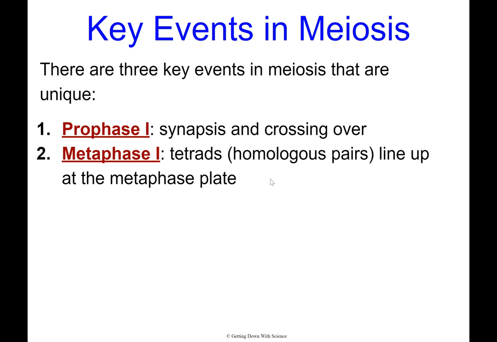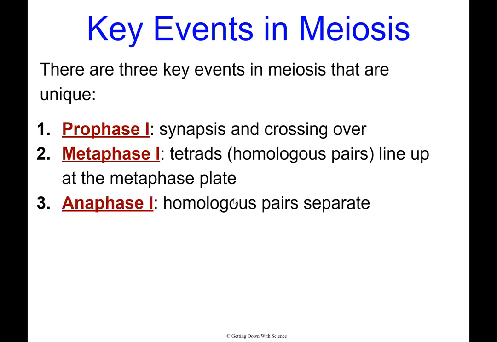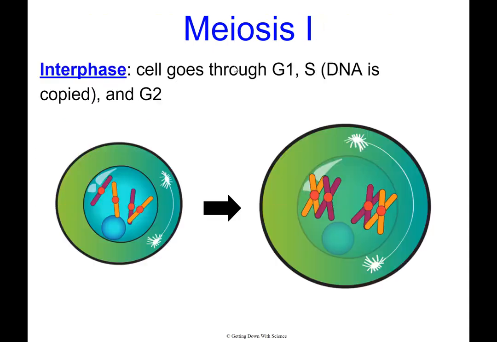So instead of everybody lining up single file, they're going to line up in pairs. So we can take one half of the pair one way and one half of the pair the other way, and then we'll split them further in the next round. And in anaphase 1, those homologous pairs are going to separate from each other. So we end up with the pair on each side before we split the others.